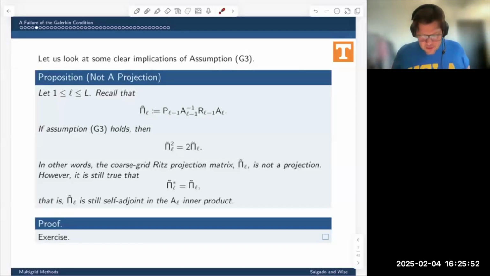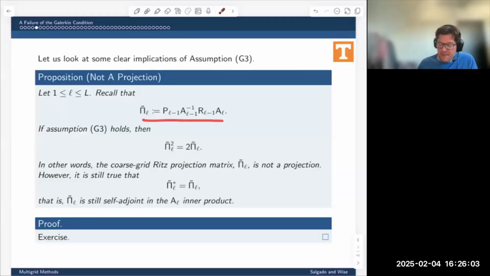Well, maybe the use of this term projection matrix was a little bit premature, because if the Galerkin condition fails, this matrix may not be a projection matrix anymore. In fact, in this case, if assumption G3 holds, then this matrix, the paramatrix, is no longer a projection matrix.